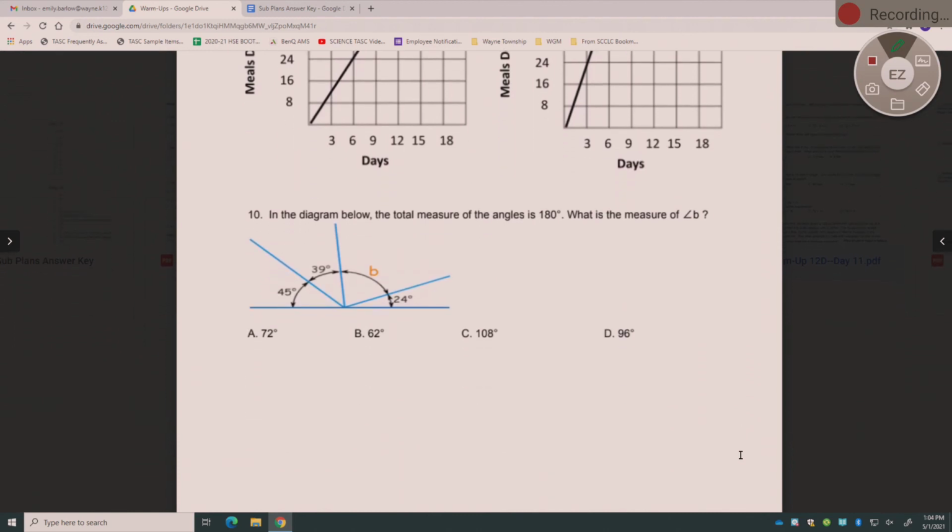Okay, last one. In the diagram below, the total measure of the angles is 180. What is the measure of angle B? Well, if the total measure is 180, then we know that 45 plus 39 plus B plus 24 equals 180.